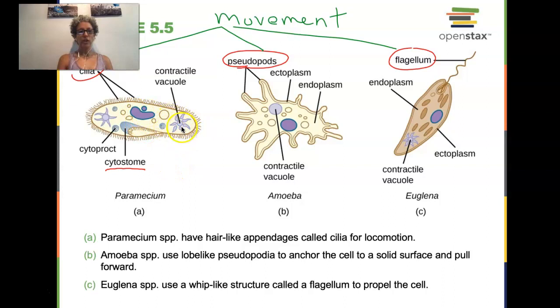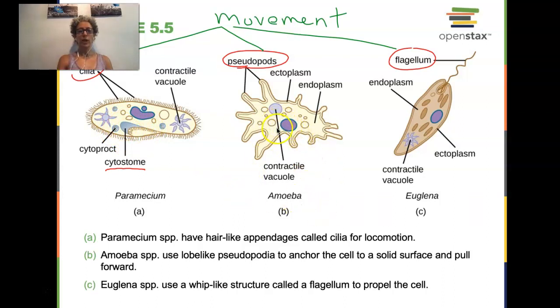They have these things called contractile vacuoles that are used to contract and push out excess water or waste. They have a cytostome, S-T-O-M, same word origin as stomach in us. So this is the cell stomach, where food particles enter into the paramecium.